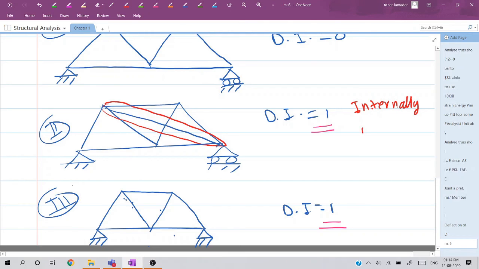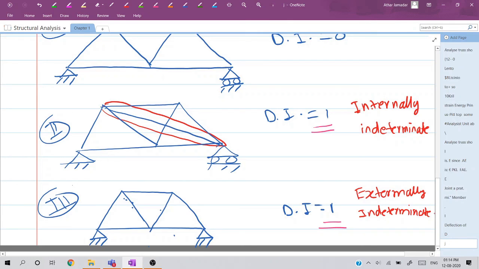Whereas in case number 3, there is one extra external reaction. Therefore this truss is externally indeterminate. Okay, so this is the difference between these two cases.